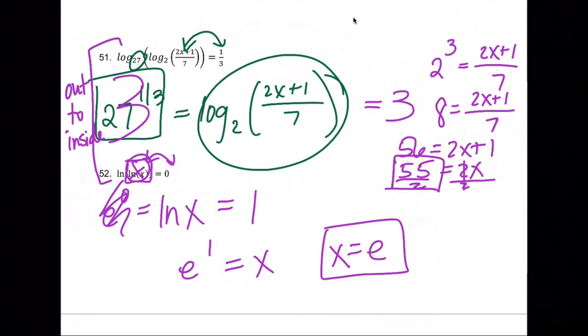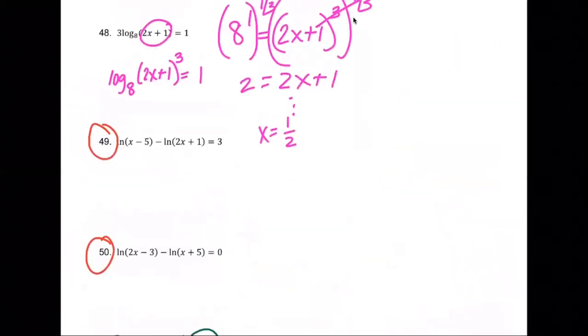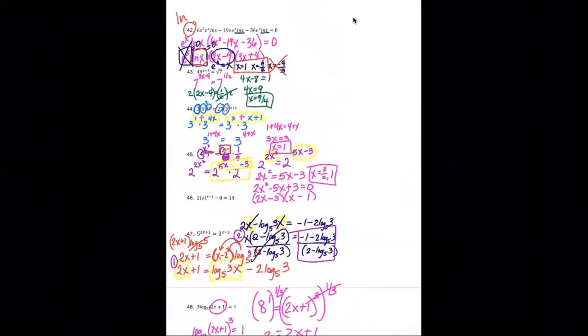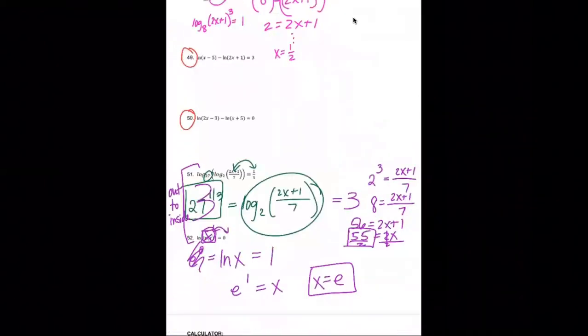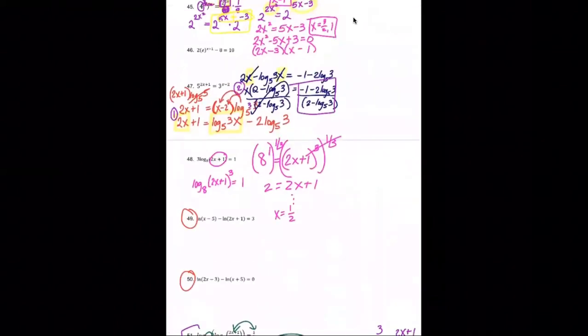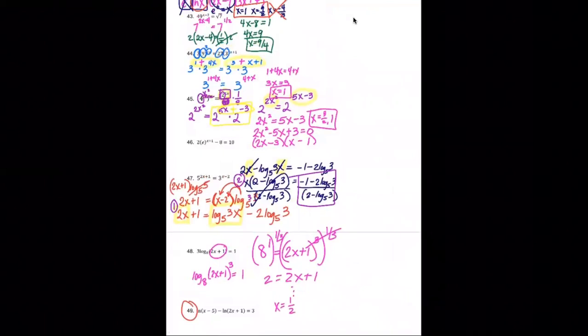Ms. McKinley, for questions like 51, 52, 44, 45, 47, how many of those would be on the test tomorrow? There'll probably be 1 or 2 of each type. There would be one that's similar to 51 or 52. One that's similar to 44 or 45.